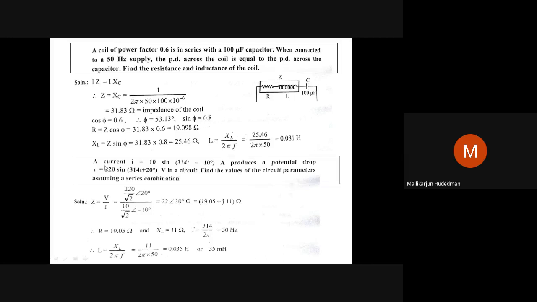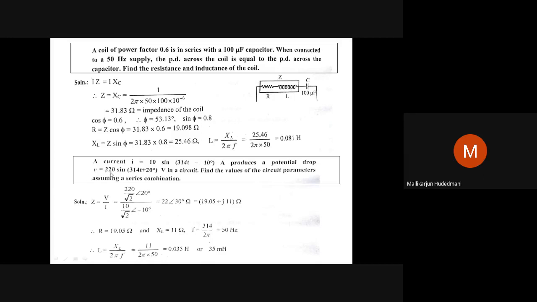Then next problem, there is a small problem given to you. A current in the expression format 10 sine (314t minus 10 degree). A current is having minus 10 degree, lagging with respect to omega t, correct? Ampere produces a potential drop. It creates a voltage across a circuit. What is the voltage?